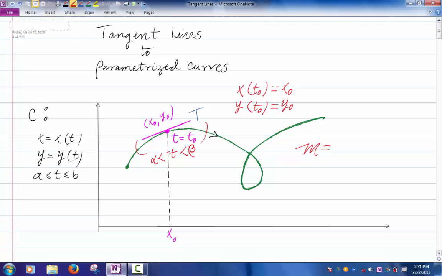Well, if that portion that I fixed is the graph of a function y of x, then what would be the slope? The slope would be given by the derivative of y, right? The slope would be the derivative of y with respect to x evaluated at x0, right? Am I right? Given that I have a portion around x0, y0, that does represent y as a function of x, right? So I am assuming here what?